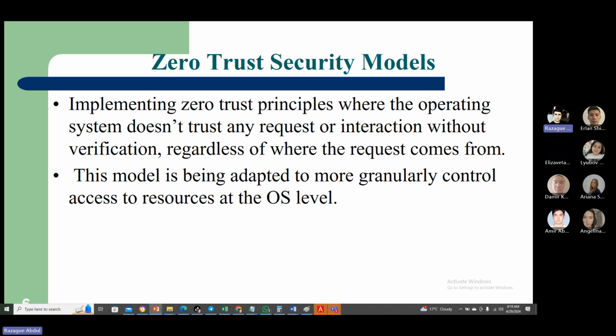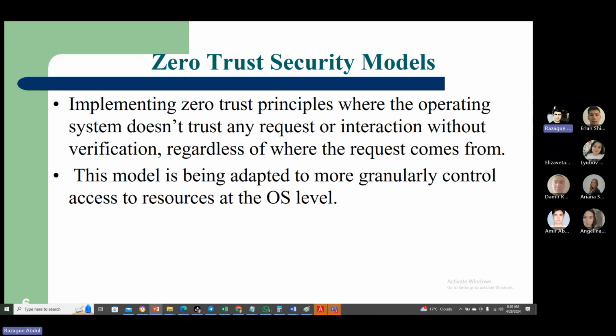So let me go through the key components of zero trust in operating systems. First is continuous verification. The core of the zero trust model is that trust is never implicit and must be continuously verified.